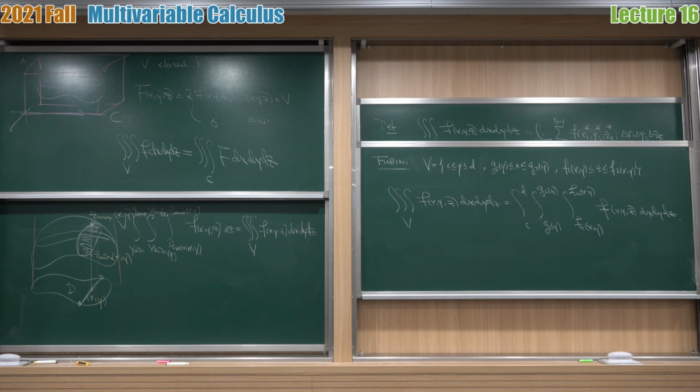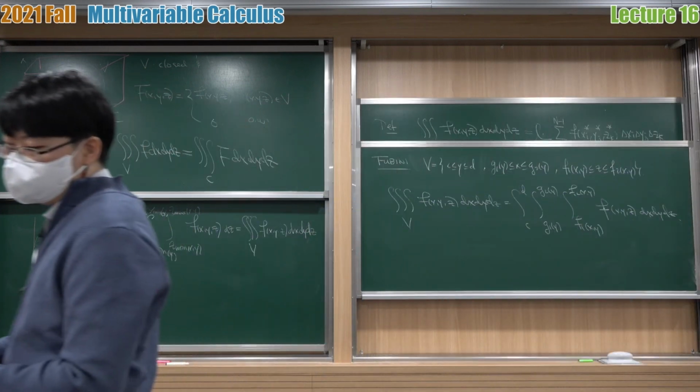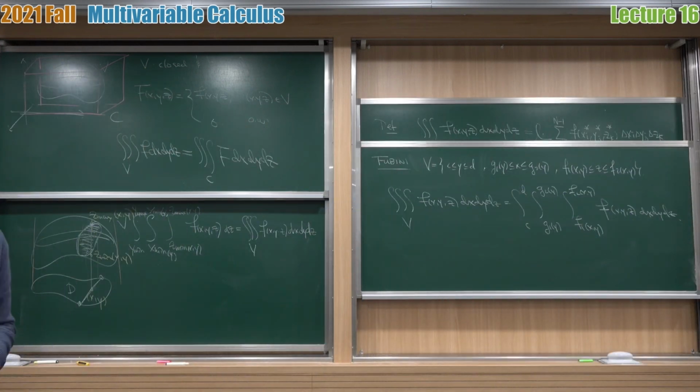But if you can draw your volume and use your intuition, you can easily find that. We're going to give some examples of triple integrals and iterated integrals next time.